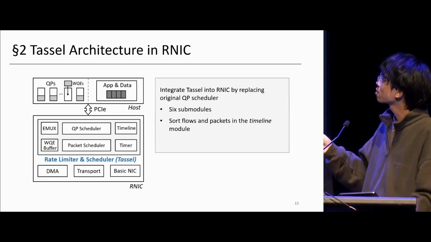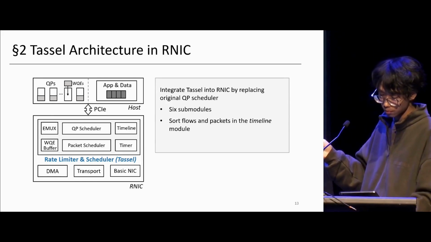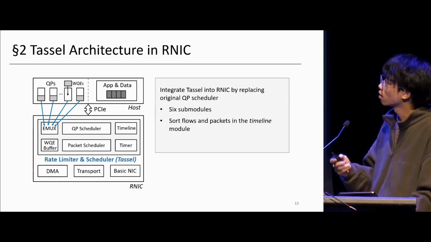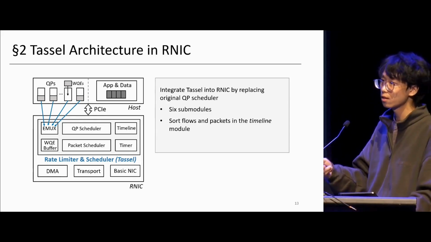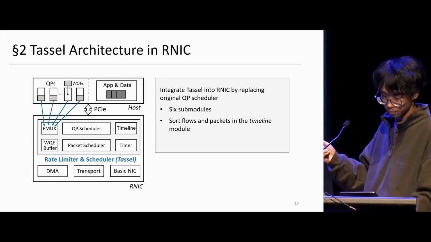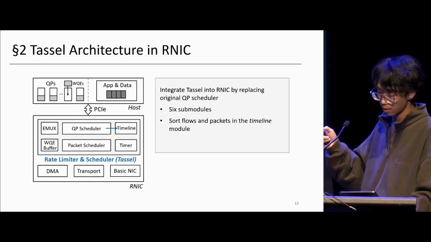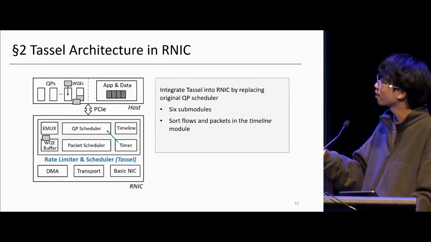There are 6 sub-modules. The event handler gathers all scheduling-related events, like doorbells, and maintains a list of active QPs. The QP scheduler then uses the timeline module to sort QPs, and uses the timer to monitor and schedule the QP on time, and then fetches WQEs and stores them in the WQE buffer.